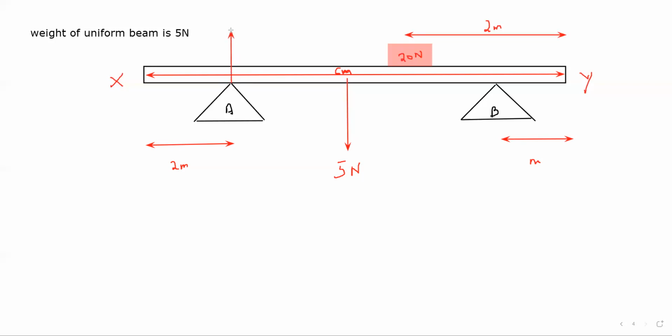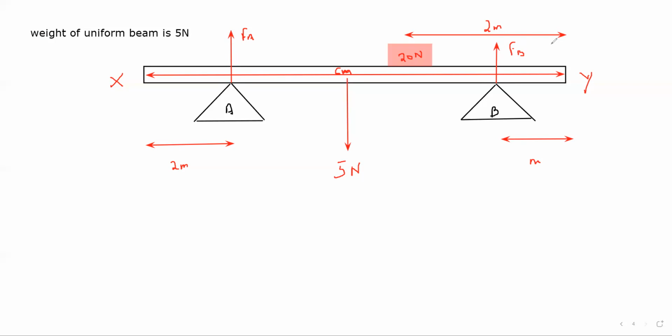The question is: calculate the force exerted by pivot A and the force exerted by pivot B. So now in this question, you have two pivots.